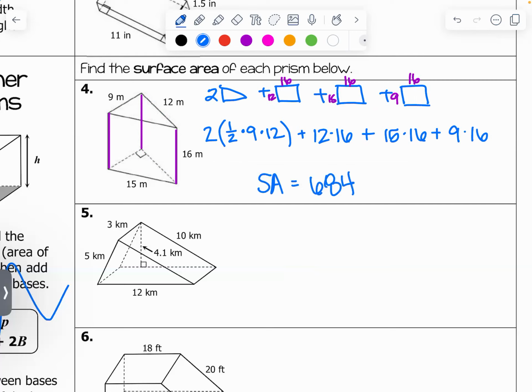I need some confirmation as to whether you agree or disagree. I agree. Alex agrees. It's a good sign, Clark. And our label is going to be square meters.